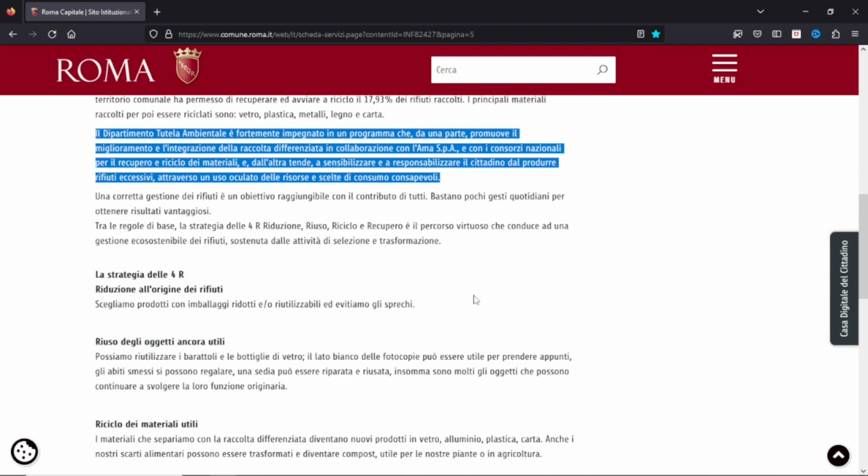Let's read the beginning of the sentence again. Okay, so they're talking about making the people responsible, and probably understanding about excess rubbish through, I don't know what oculato is, I've not got a clue, through some kind of use of resources and choices, knowledgeable choices of consumption.